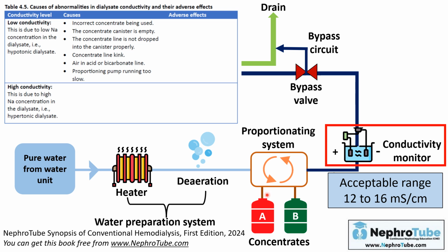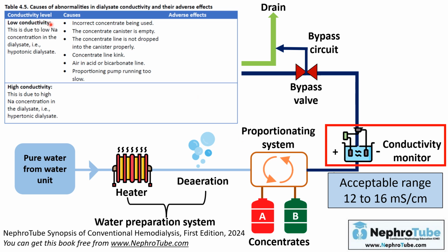Or the concentrate line is not dropped well into the canister itself, or this line is kinked and is not taking appropriate ratios from the concentrate. Or there is air in the acid or bicarbonate lines, or the proportioning pump is running too slow, so the delivery of sodium to the dialysate water is low.